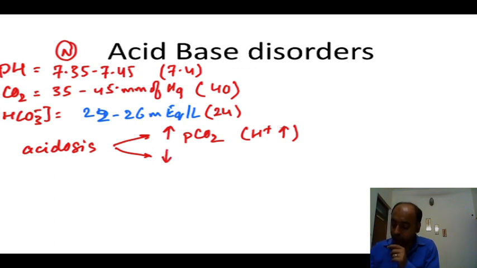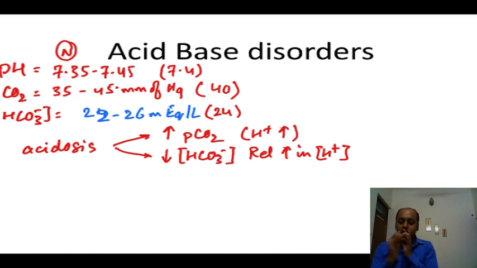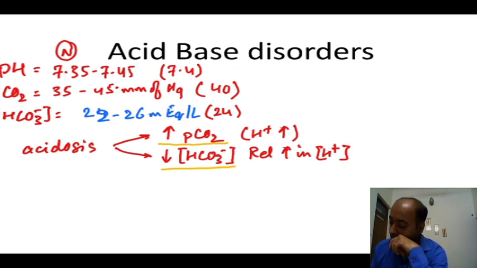Alternately, there can be a decrease in the bicarbonate concentration. In this case, there is a relative increase in H plus concentration. The absolute amount of H plus is the same, but because the bicarbonate has decreased, there is a relative increase in the H plus concentration. So keep in mind these two points. In acidosis, either the PCO2 will be increased or the bicarbonate will be decreased. In alkalosis, we get the opposite picture.